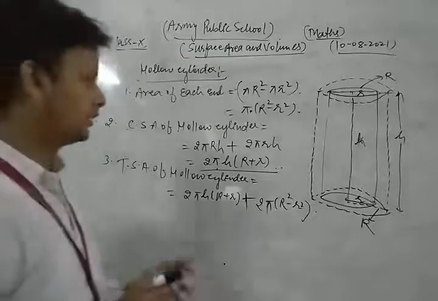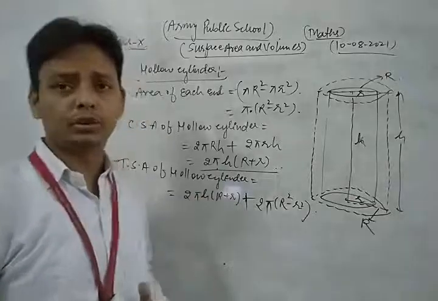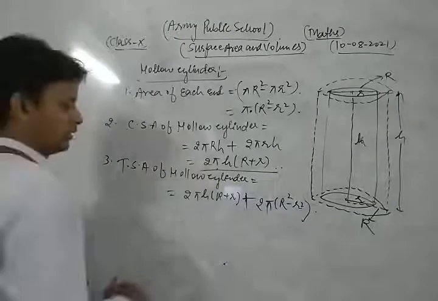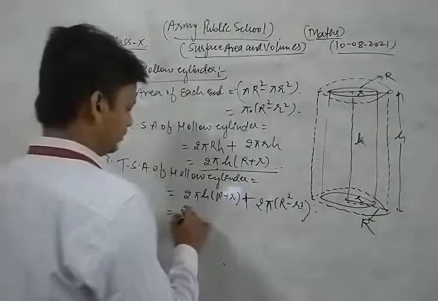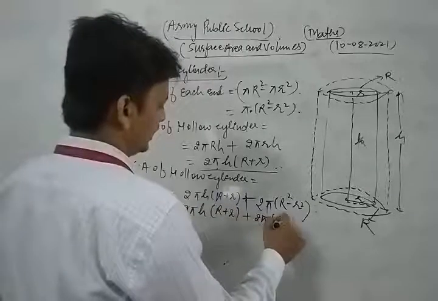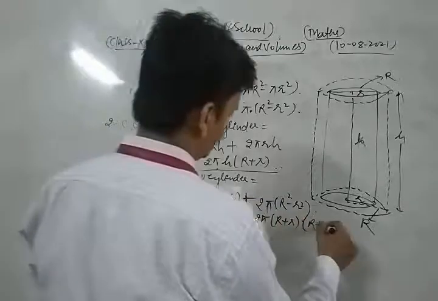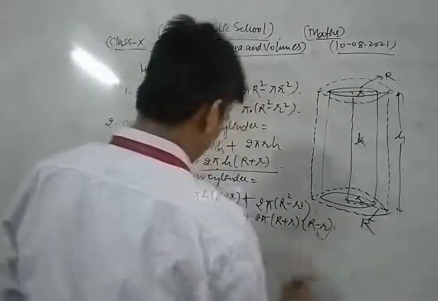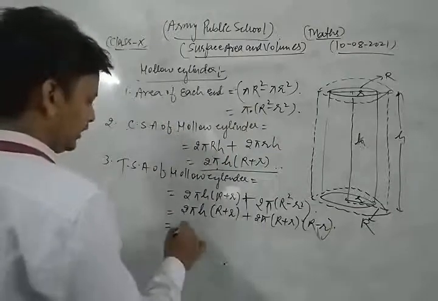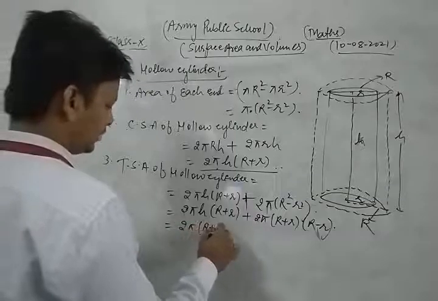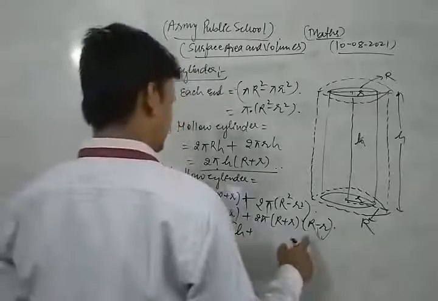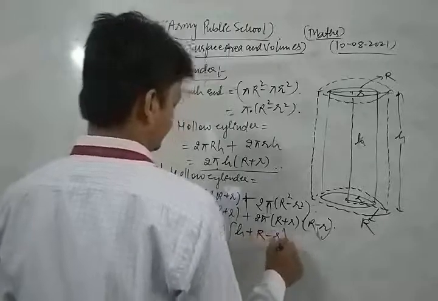That is, curved surface area plus area of both the ends. Now we take something common, one step more. We can write it as 2 pi h in bracket R plus r, plus 2 pi in bracket R plus r times R minus r. Now we take 2 pi R plus r common, so we get h plus R minus r.